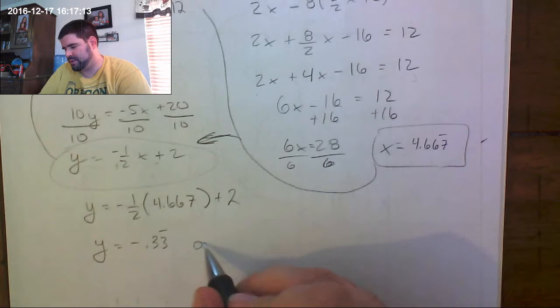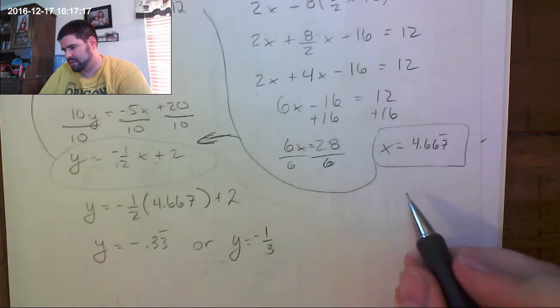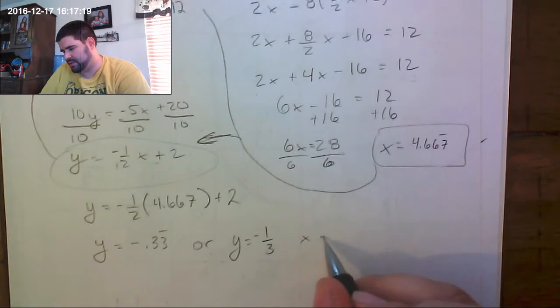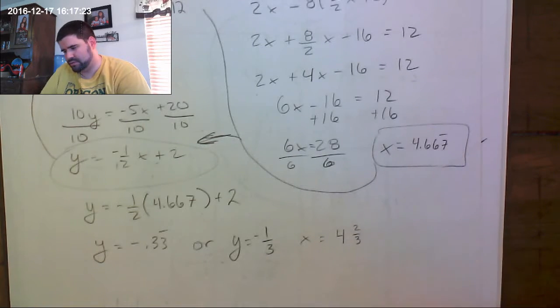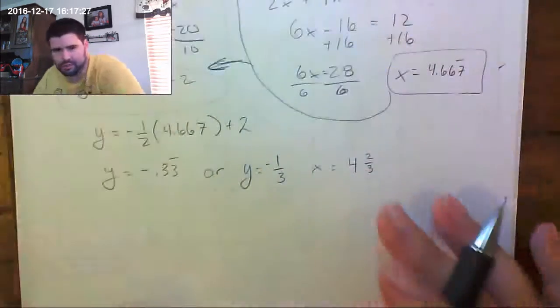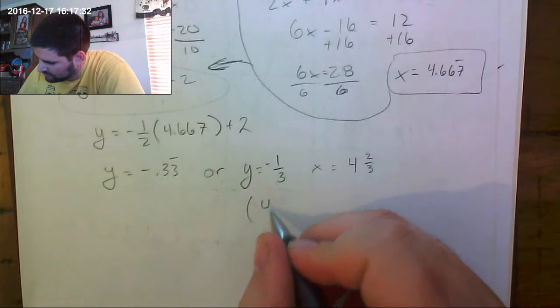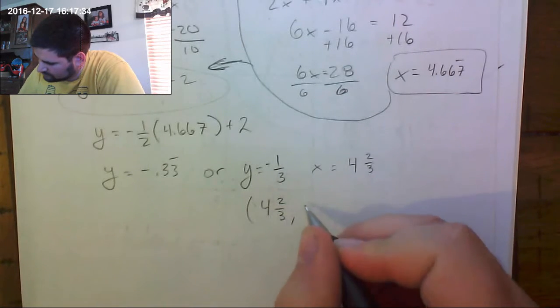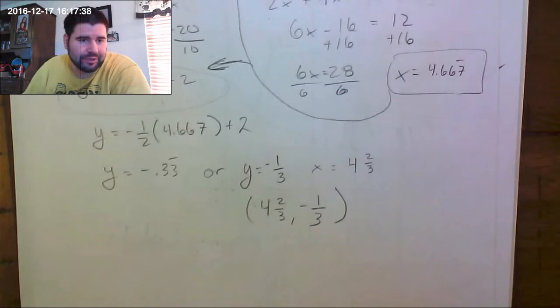So if I really wanted to write it, it'd be y equals 1/3 and x is equal to 4 2/3. Okay, so what would that look like as an ordered pair? It'd look like this. Alright, there you go. That's my solution.